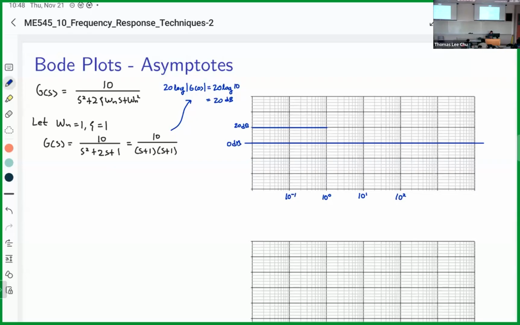So because of that, after my break frequency, the magnitude is going to be decreasing at a slope of minus 40 decibels per decade. I'll write that a little bit bigger.